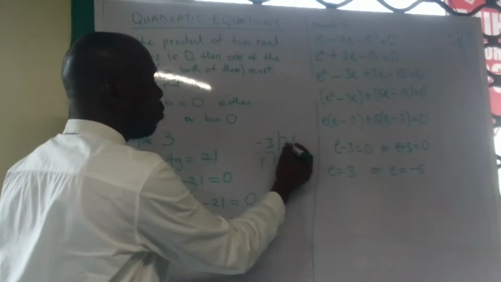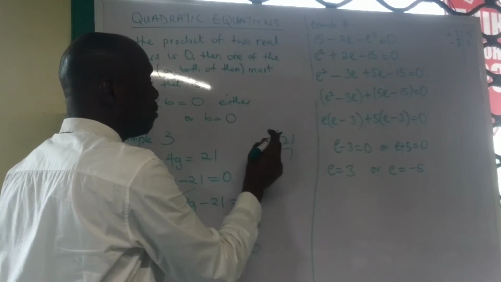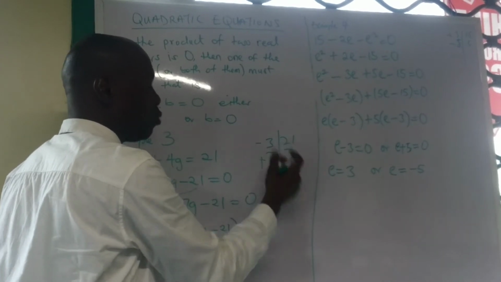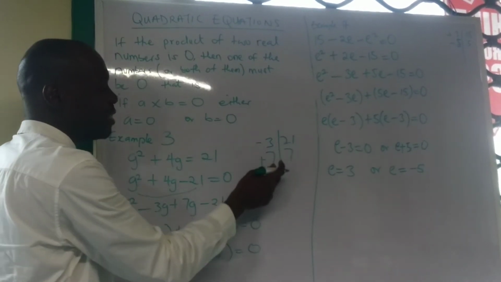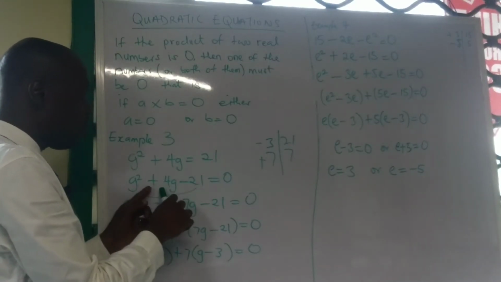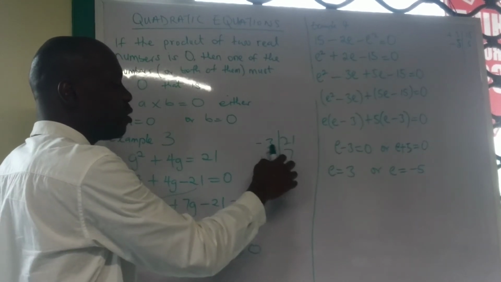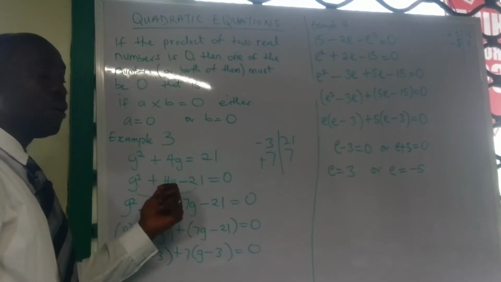So I said 21 here, 3 in 21 gives 7, and 7 in 7 gives me 1. So if you multiply 3 times 7, it's going to give us 21. And to get this plus 4, if you have plus 7 and you deduct minus 3, it will come back to plus 4.